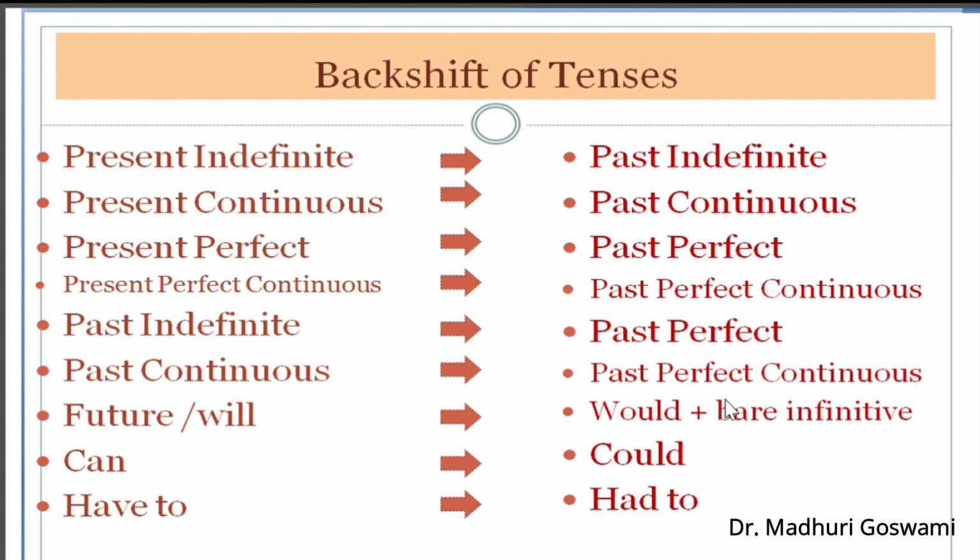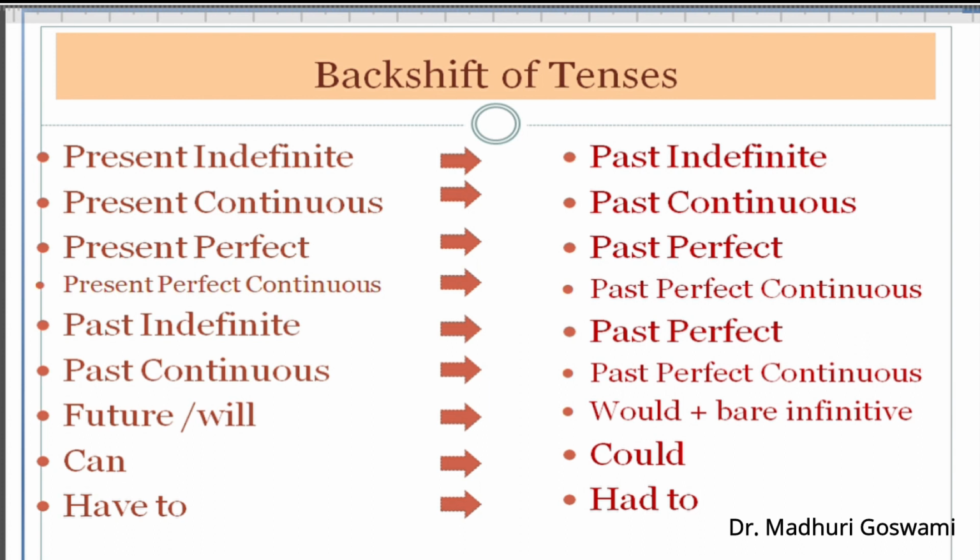Future will be changed into the past form, like will would be changed into would. Modal verbs would be changed into their past forms. As far as the past perfect and past perfect continuous tenses are concerned, they are not changed in the reported speech.